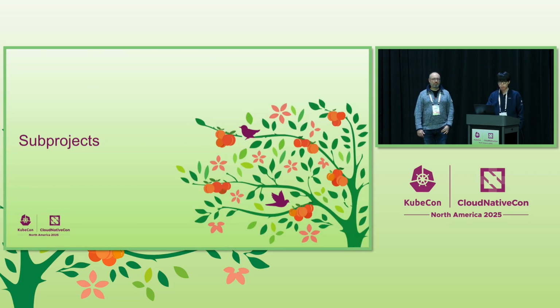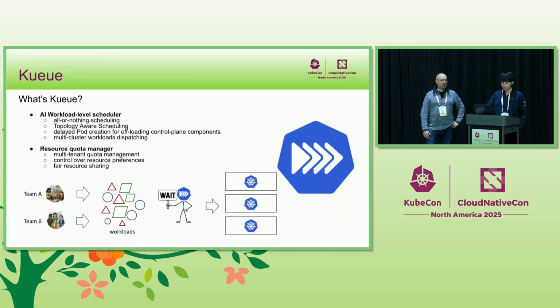Right. So from here, we're going to quickly go through a few of our sub-projects. The first one is Kueue. It's an AI workload-level scheduler. It supports gang scheduling. It also supports topology-aware scheduling that we want to implement in the Kubernetes scheduler as well.